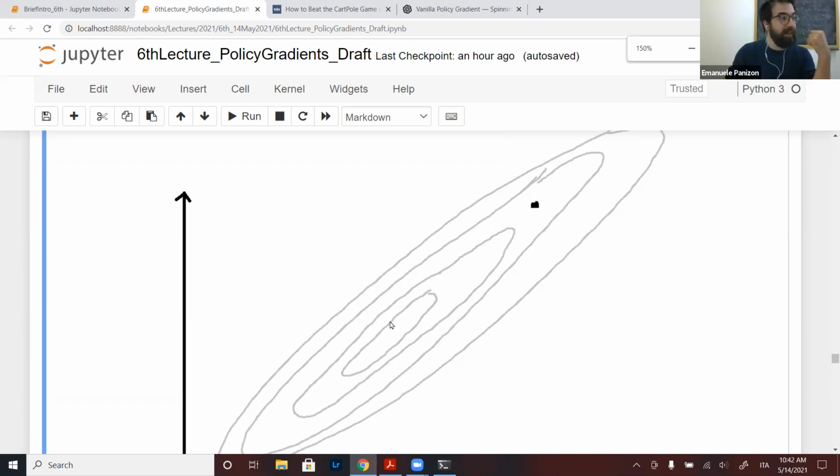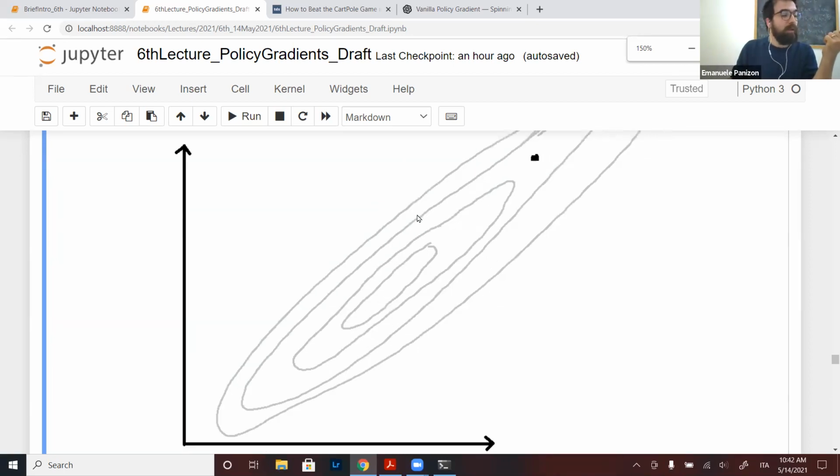But in this direction here, the function changes very little. If I move there, my distance will be the same, but the function will not change by much, and my estimation of the gradient should not change by much either.